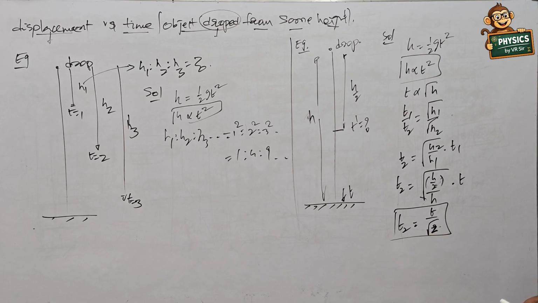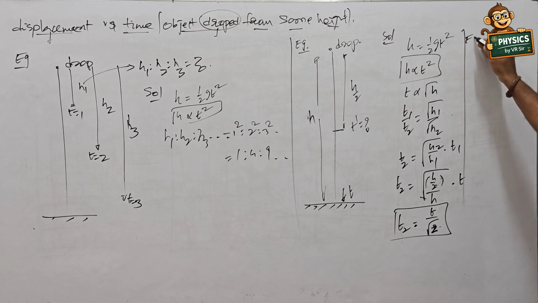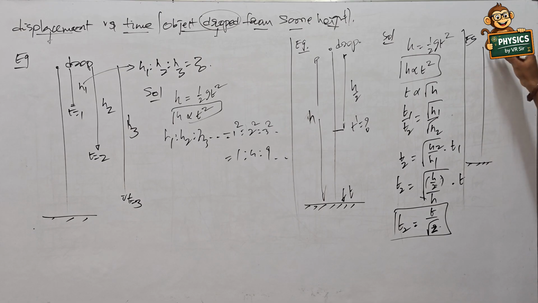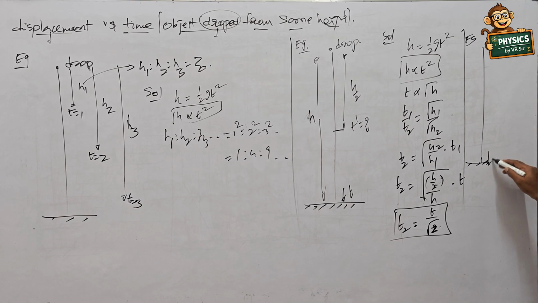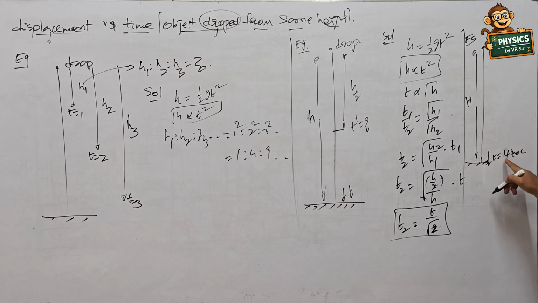What is that numerical approach? Let me take this object, dropped from some height, and it takes time t equal to 4 seconds to reach the ground.